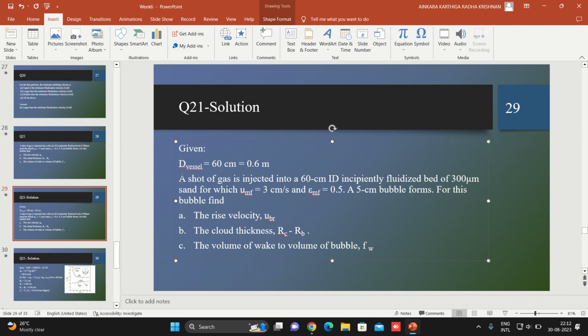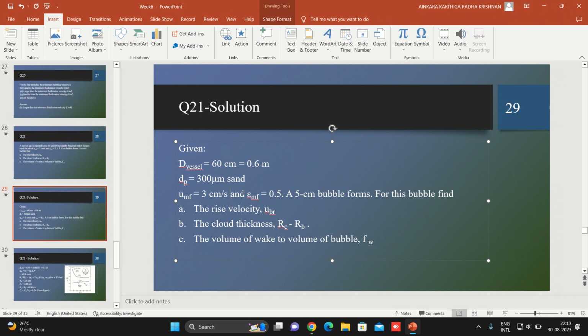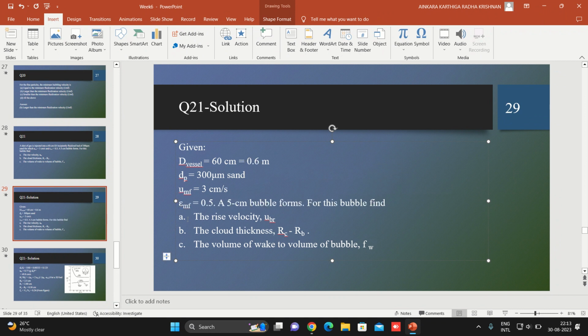Incipiently fluidized bed of 300 micrometer sand, for which UMF is given as 3 centimeters per second, and epsilon MF is also given as 0.5.